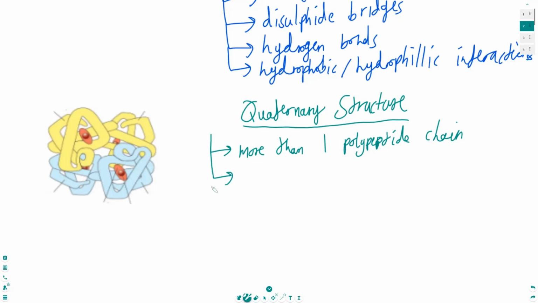So quaternary proteins, such as hemoglobin, which we will talk about here, have more than one polypeptide chain. An example of this being hemoglobin, and I think also collagen.